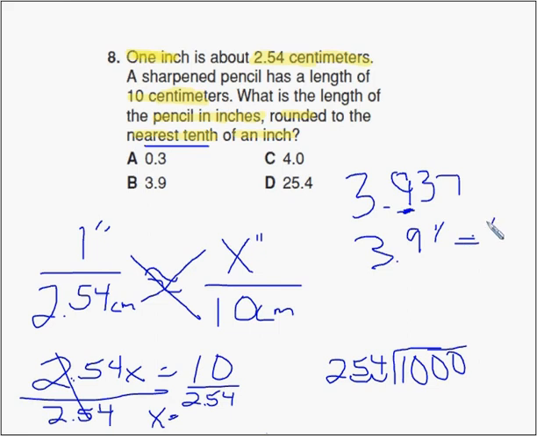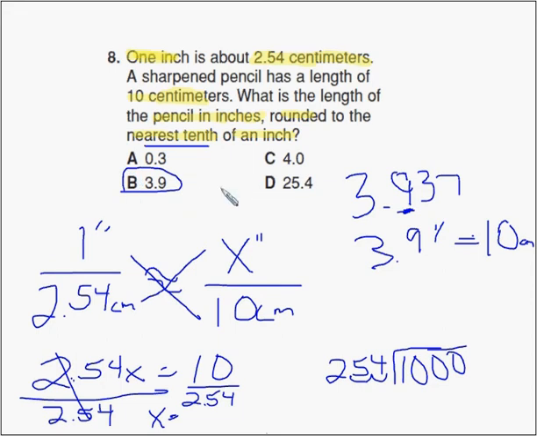10 centimeters. So 10 centimeters is about 4 inches, a little less than 4 inches, 3.9 inches. Right? So 10 centimeters is 3.9 inches. That's cool. Makes sense.